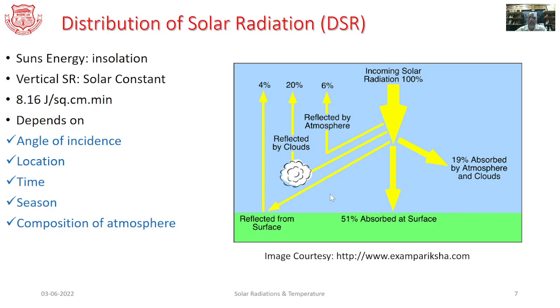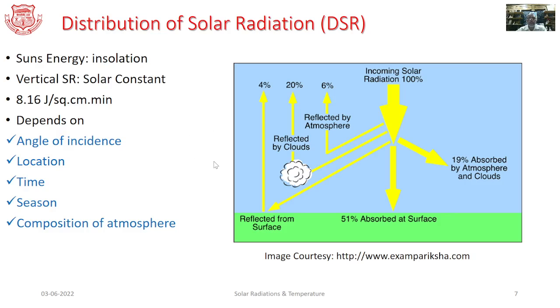Around 4% of this energy is reflected from the Earth's surface. About 20% of it is reflected by the clouds, and about 6% of these incoming solar radiations are reflected by the atmosphere.